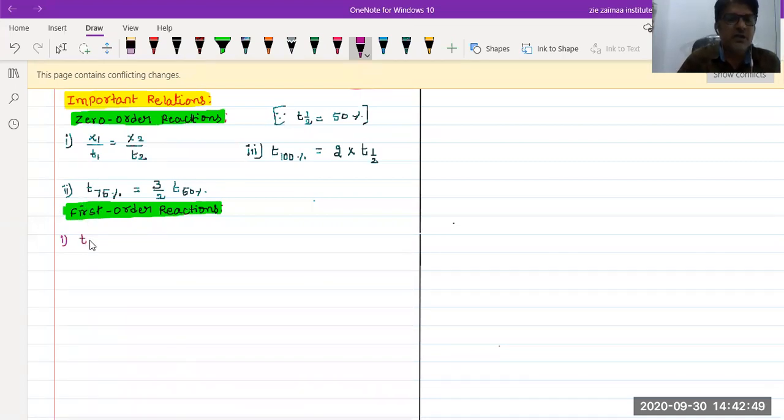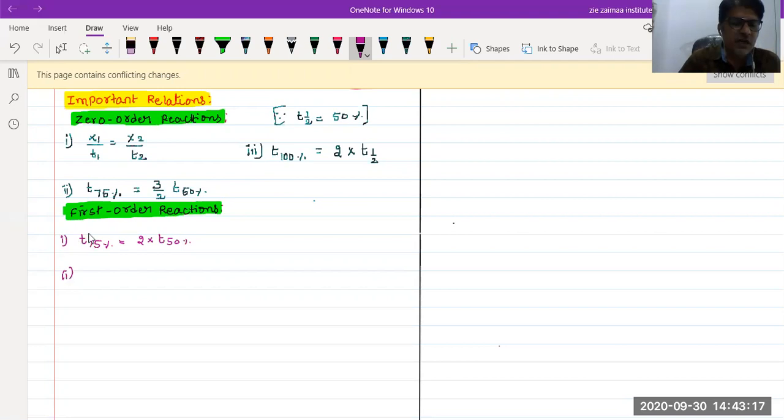T 75% for first order, how can we write it? For zero order, we wrote 3 by 2 into t half. For first order, T 75% is simply 2 into t half. Here t half means don't forget to write 50%.